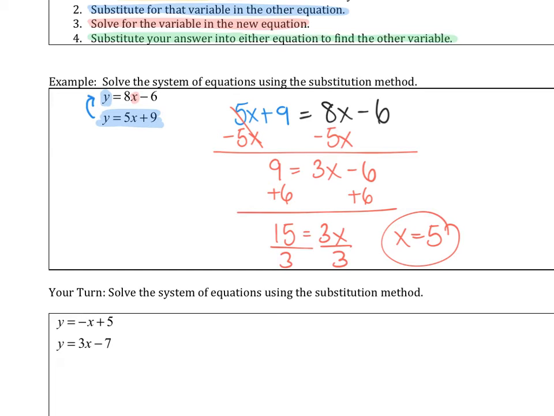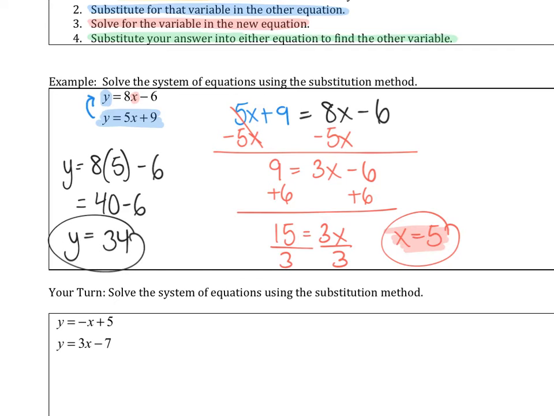So I'm going to plug that x equals 5 in for the x in the first equation, and I'm going to do my work over here. So I have y equals 8 times 5 minus 6, and 8 times 5 is 40, minus 6 is 34. So my two answers are 5 for x and y is 34.